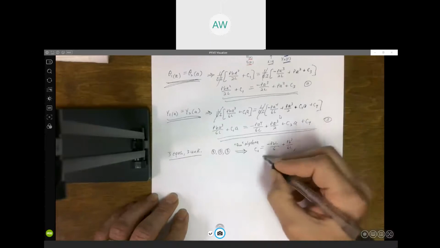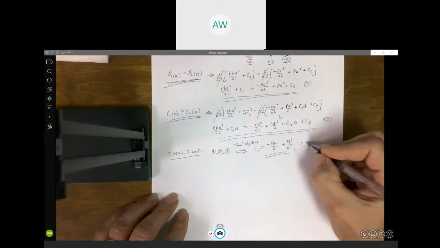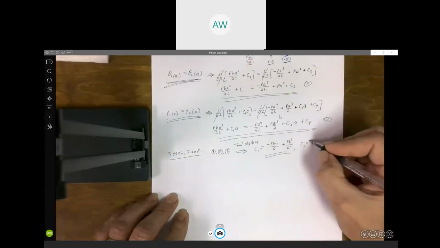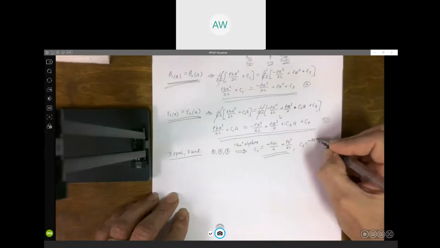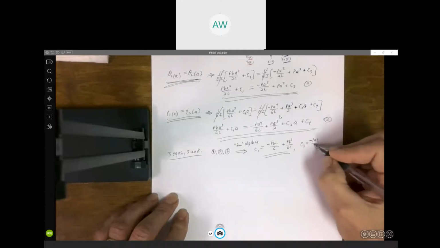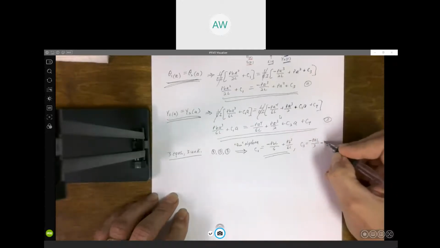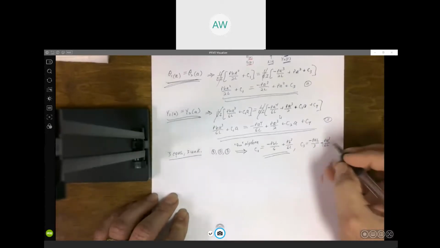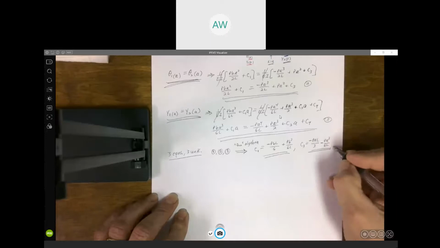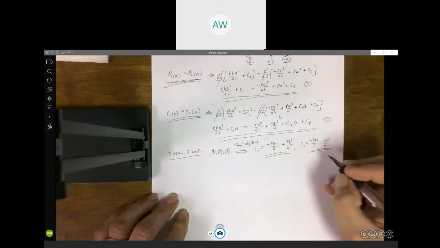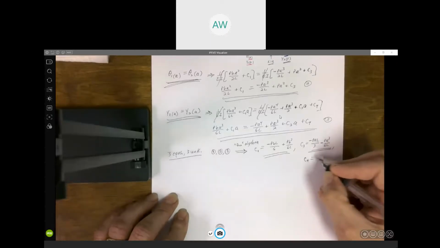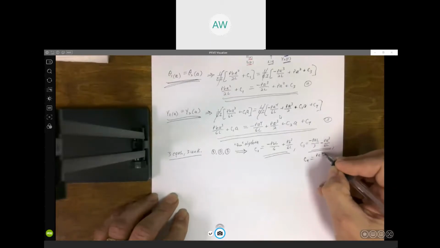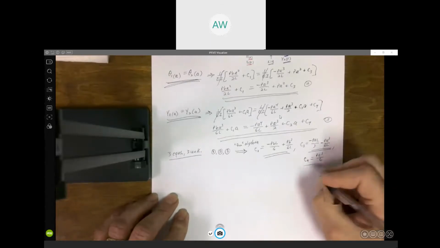I got C3 was minus PAL over 3 minus PA cubed over 6L. And then finally I got C4 was PA cubed over 6.